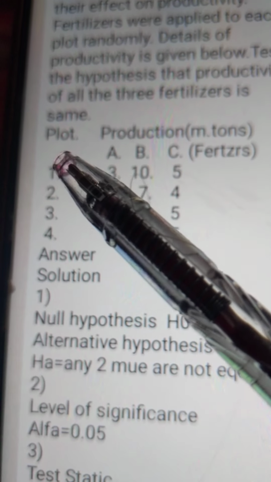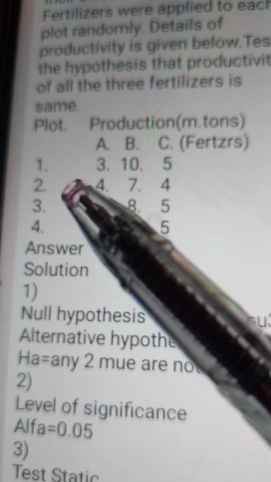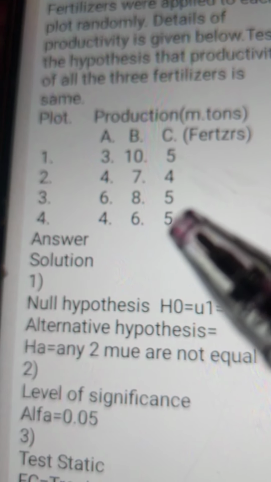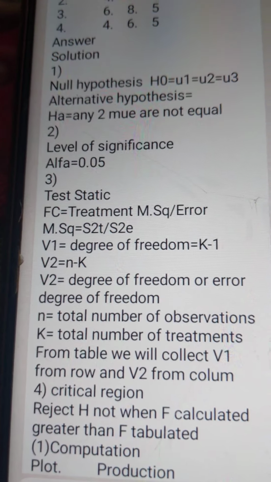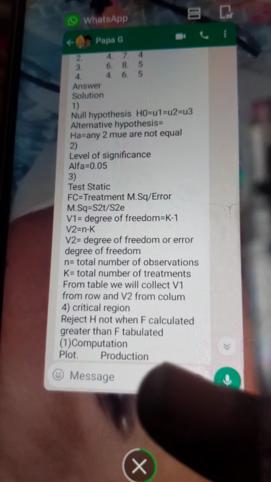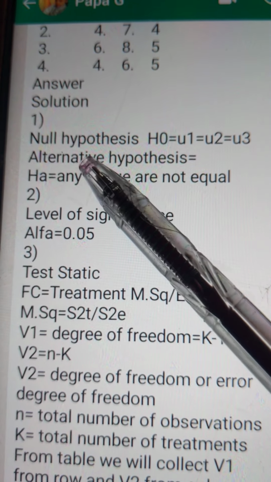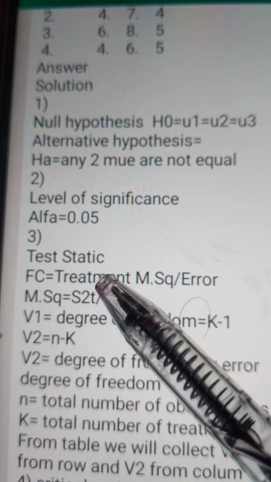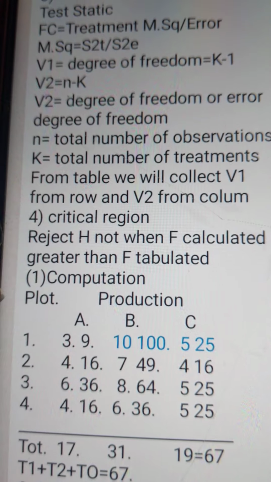This is the answer. These are the plots. Fertilizers A, B, and C are applied to the plots in this manner. So this is the solution. First, the null hypothesis, then the level of significance, then the test statistic, and then the critical region.